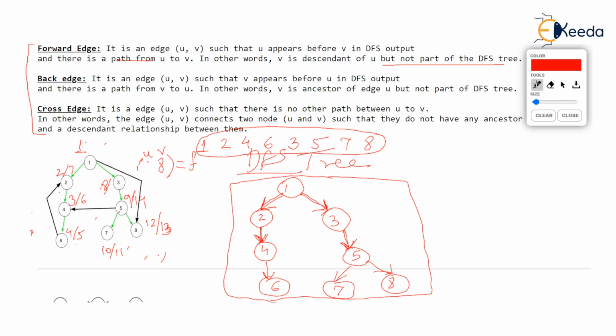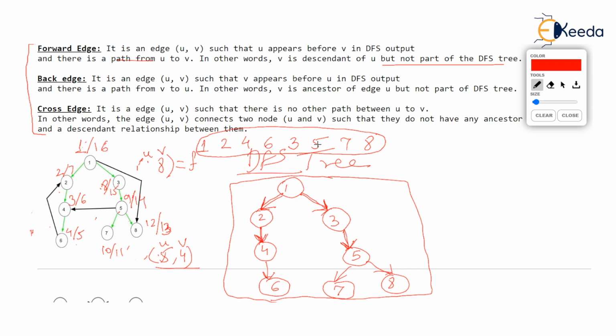Okay. Now let's consider an edge 5 comma 4. Now u is 5 and v is 4. Check this. Here we are hovering the mouse, u comma v is the edge, 5 comma 4. Then let's see whether u comes before v, whether 5 comes before 4. No, 5 doesn't come before 4.